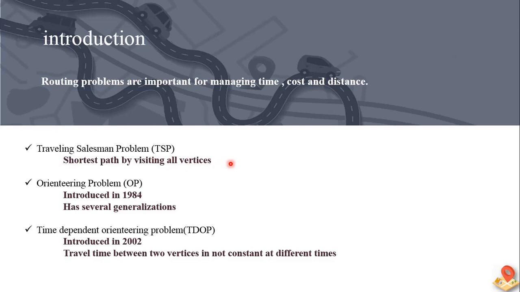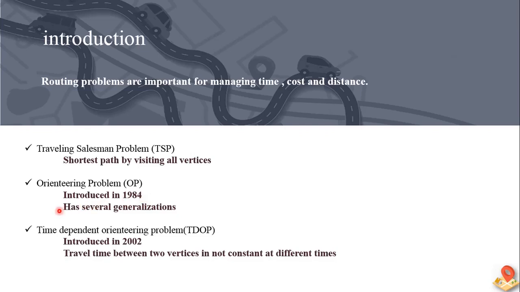But in real-world problems, there are often limitations and all vertices cannot be visited. To solve this problem, the orienteering problem was introduced in 1985. The orienteering problem takes these constraints and is closer to the real-world problem.